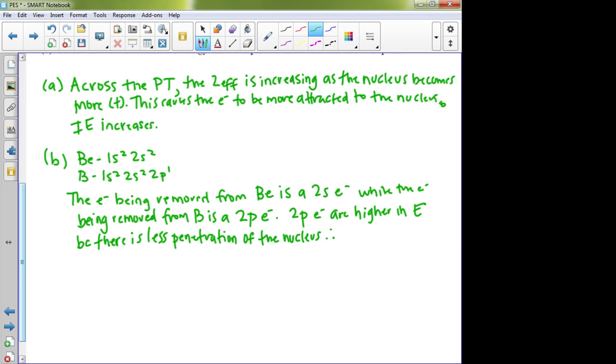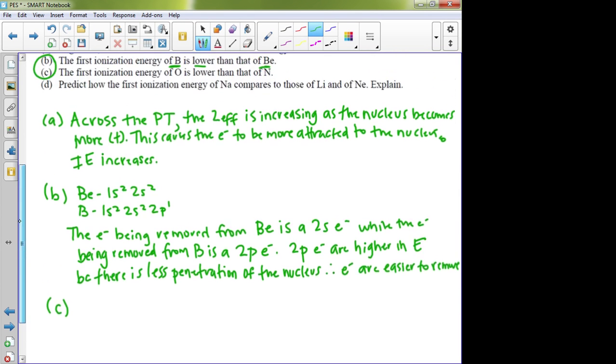Therefore, the electrons are easier to remove. Everybody got that?